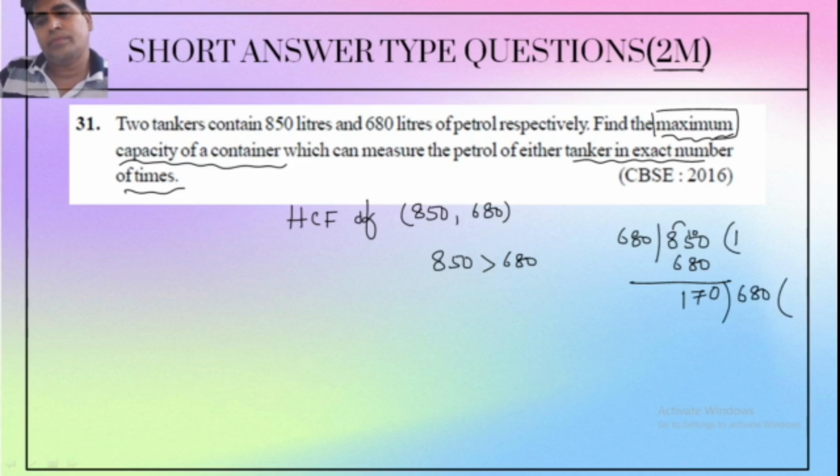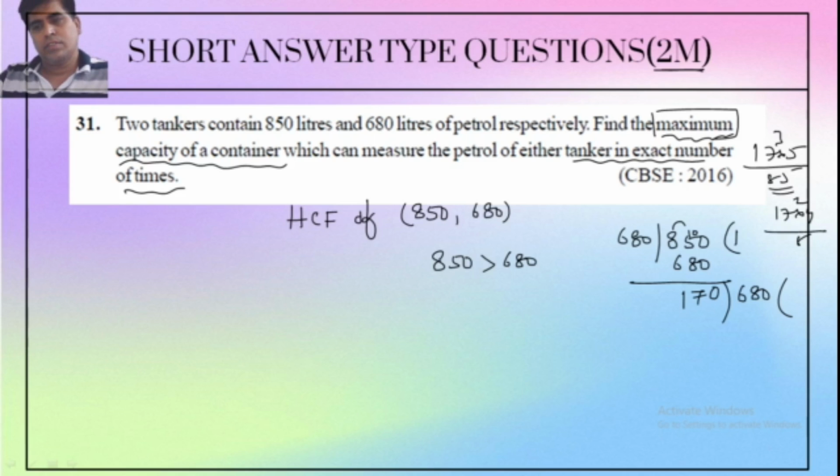Now 680 divided by 170. How many times does it go? 17 5s are 85, so we don't have that much value. It goes 4 times. 17 4s are 68. So our division stops here, when we are getting 0 when dividing with 170.